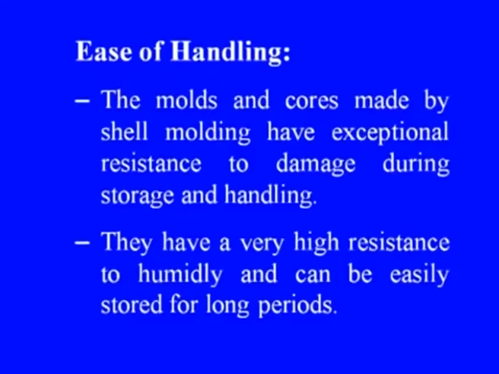The normal sand to metal ratio is 1:1, which is much lower than other processes. Ease of handling is another big advantage of this process. The molds and cores made by the cell molding have exceptional resistance to damage during storage and handling. They have a very high resistance to humidity and can be easily stored for long periods.